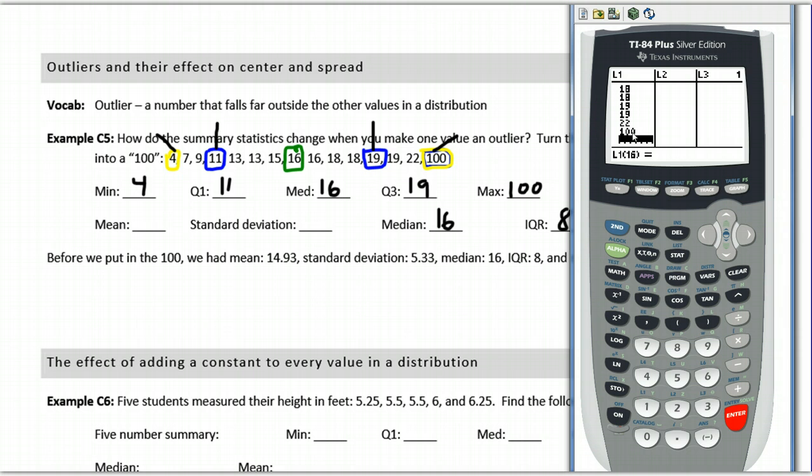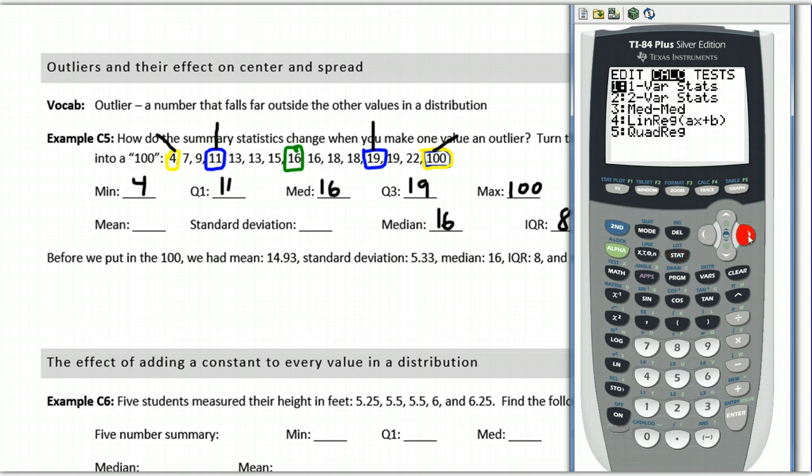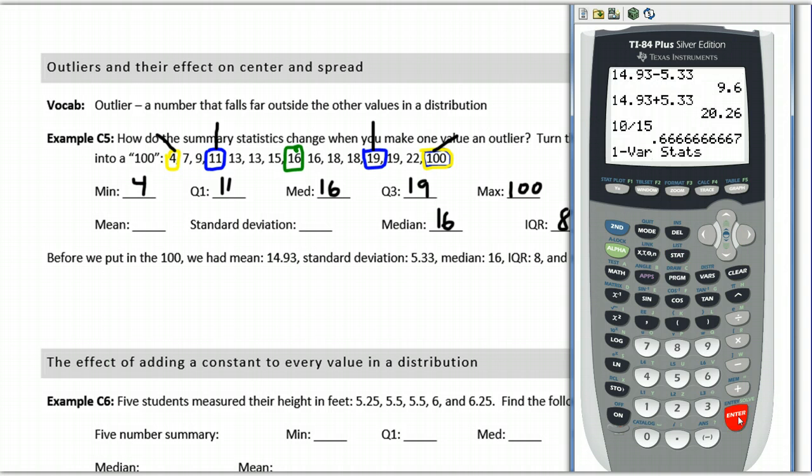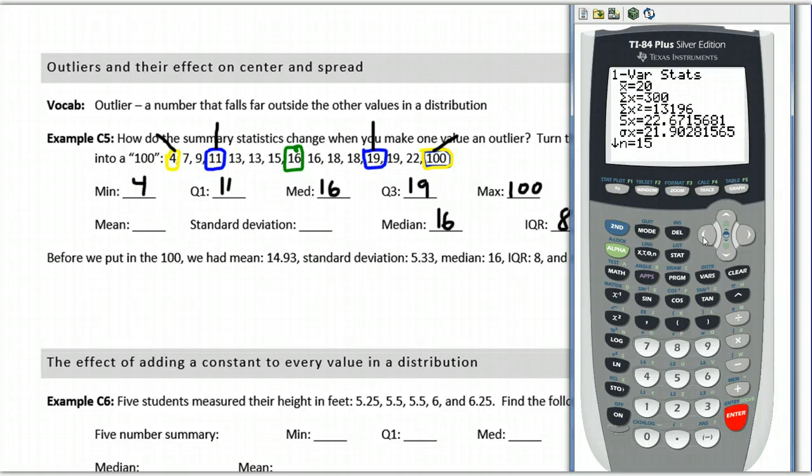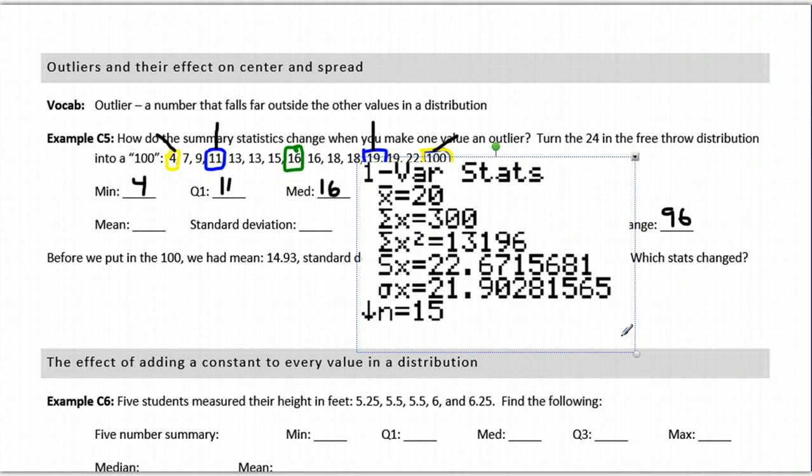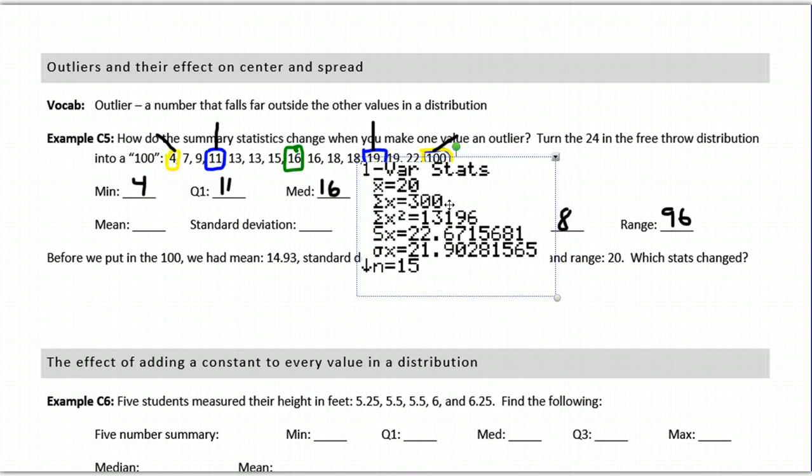Every calculator is going to be a little bit different on how that works. In my case, I'm going to stat, calc, one bar stats, one variable statistics, and I'm going to get this list of numbers again. So I'm going to pull this out here and see what we can get.